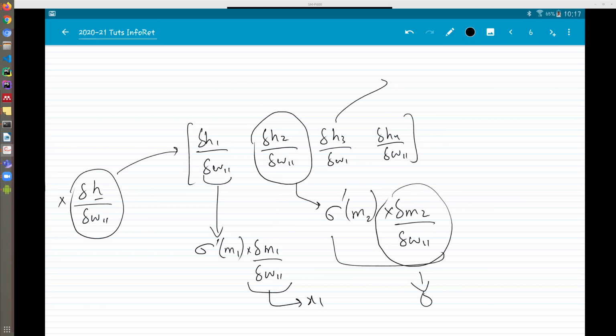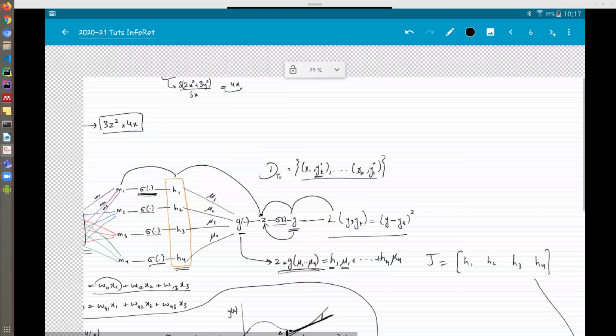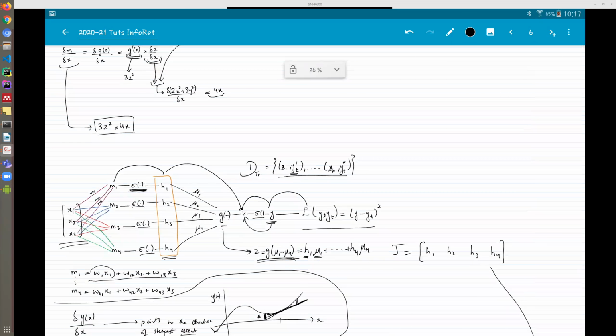Similarly for the others, so we are only left with the h1 case. What happened here is that we jumped from variable to variable, calculated the gradient at each spot, and following the chain rule kept propagating backwards and backwards.